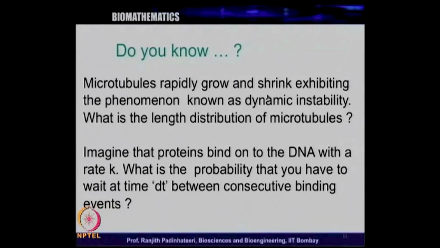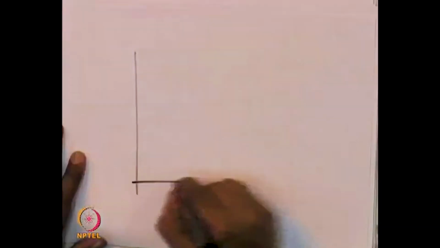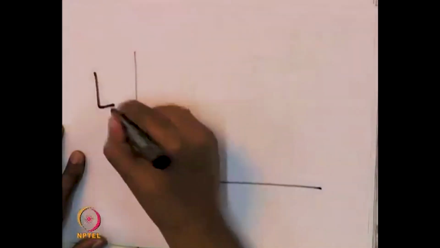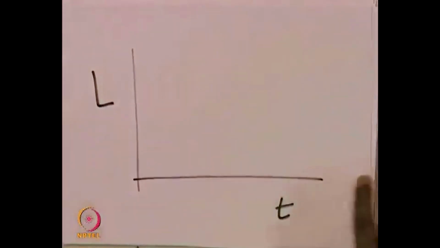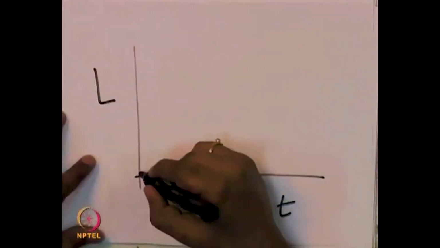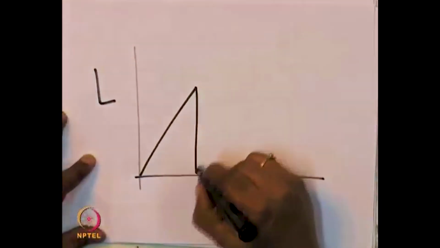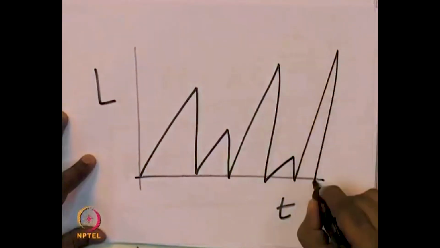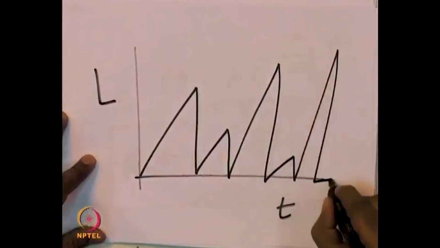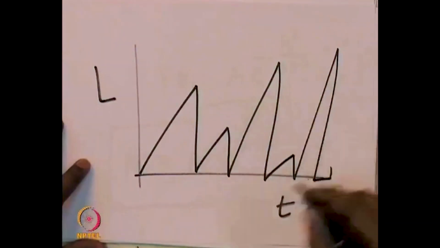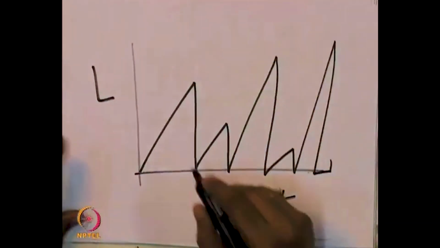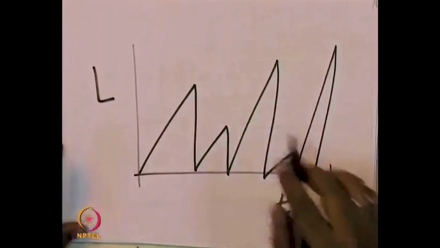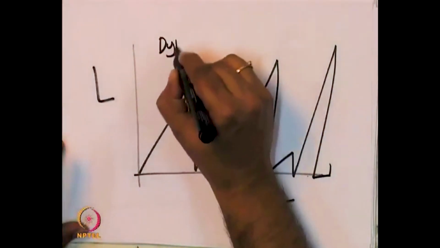That is, if you look at the length versus time for microtubules, what you would see is that they grow rapidly and shrink. So, this rapid growth and shrinkage is known as dynamic instability for microtubules.